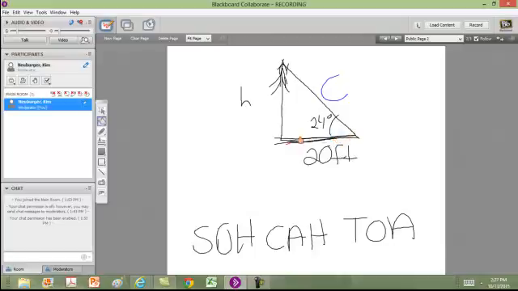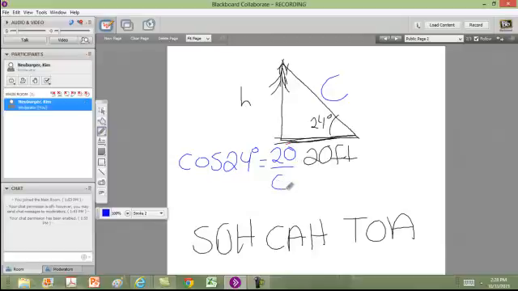If we know the 20 feet here and we need the C, the 20 feet is adjacent, the hypotenuse is C, adjacent over hypotenuse, that's in your cosine right here. So let's use cosine for this one. This is going to be cosine of 24 degrees equals the adjacent, which is 20, divided by the hypotenuse, which is C.